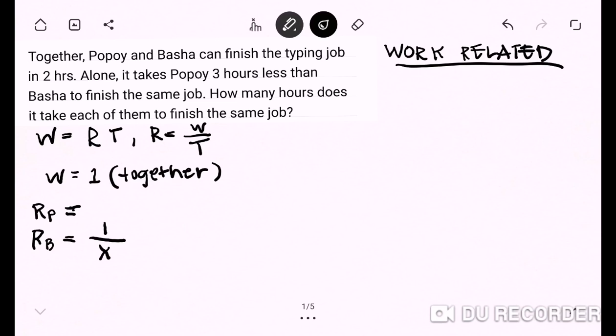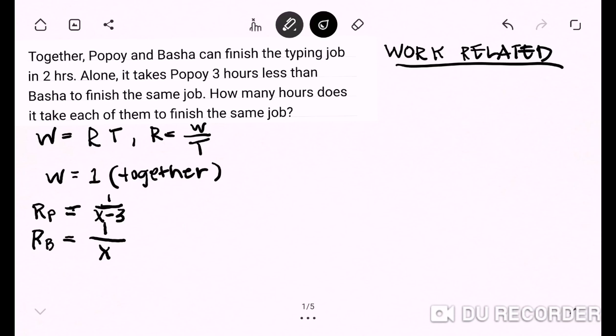And then for Popoy, we can say na siya ay mas mabilis kay Basha. So ibig sabihin, rate of work ni Popoy ay 1 over, so kung si Basha ay X hours ang trabaho, mas mabilis si Popoy, so ibig sabihin 1 over X minus 3. So minus 3 tayo, ibig sabihin mas mabilis.